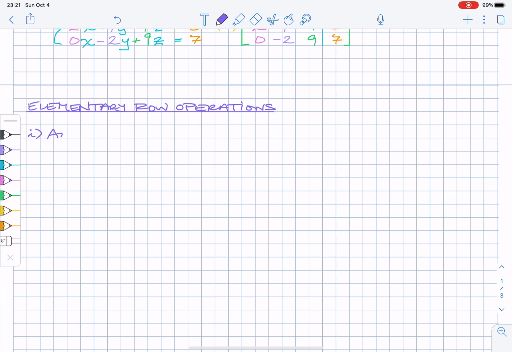Any row of a matrix may be multiplied by a non-zero constant.